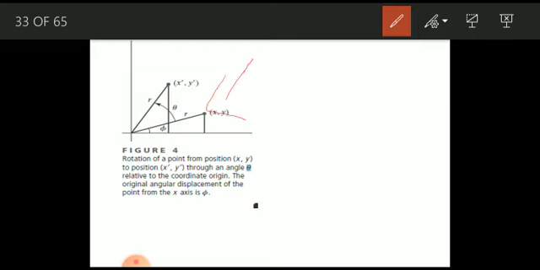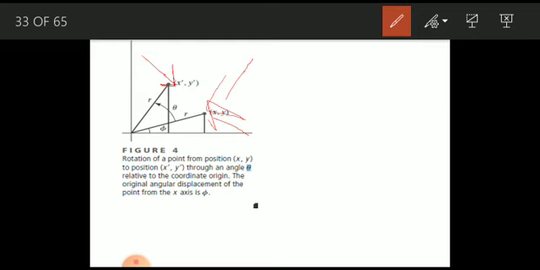The original angular displacement of the point from the x-axis is phi. So basically, there is a point here which is defined with the values x comma y. Our objective, let us understand this, is to rotate this point to a new position defined with new values of x and y, that is x dash comma y dash.